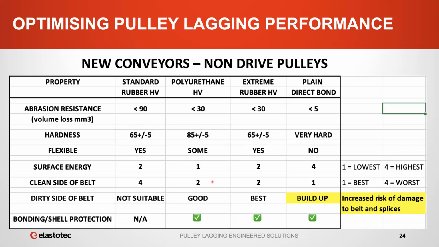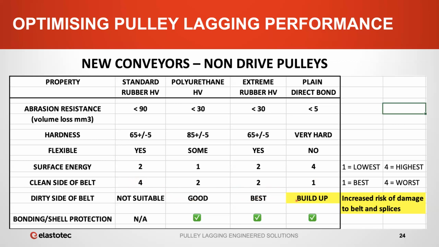For the clean side of the belt, ceramic would be expected to give you the longest service life, standard rubber the shortest, and for the dirty side of the belt, polyurethane and extreme rubber would be the best.